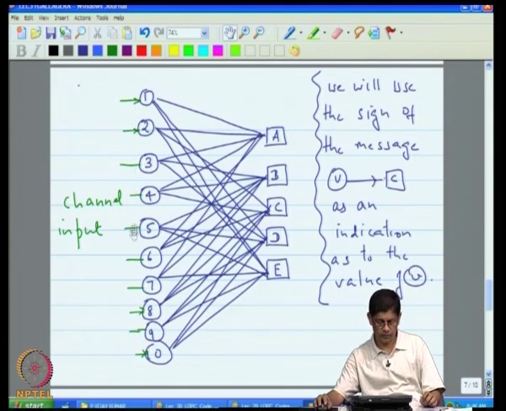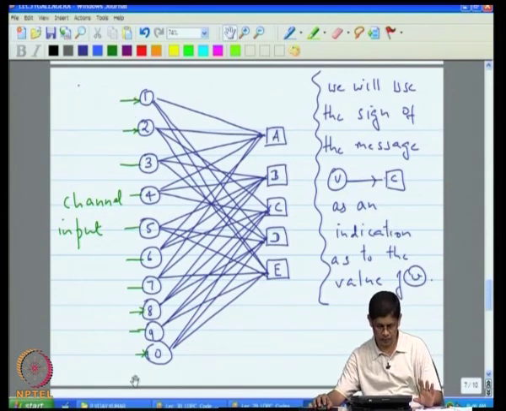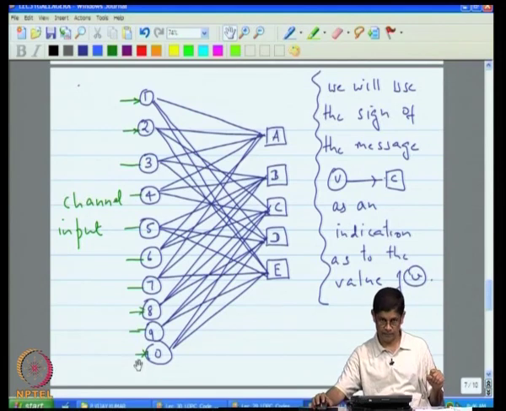Now, if some of these code symbols were actually -1, then the probability of the output taking on a certain value corresponding to 1 is equal to the probability that it takes on the value -1 corresponding to x_t equal to -1.